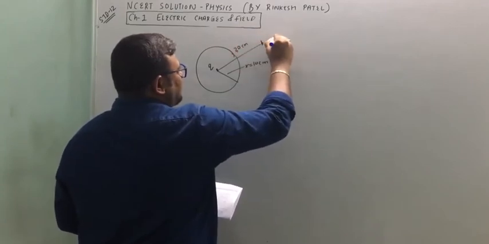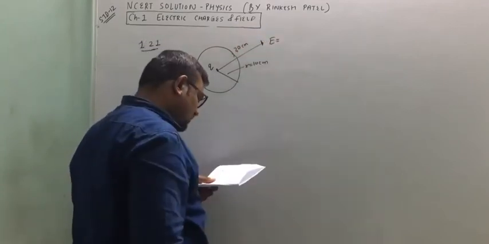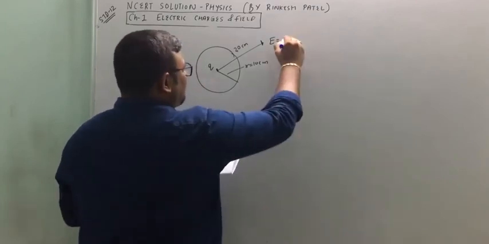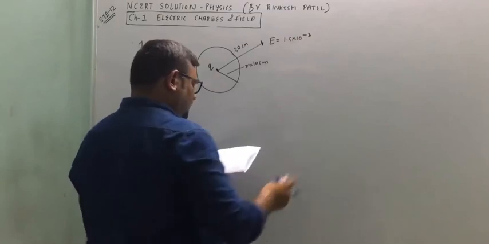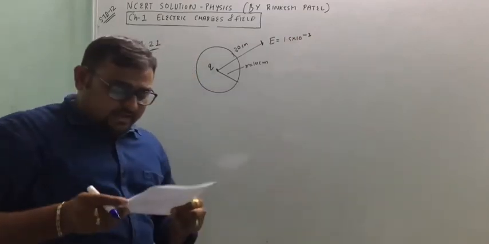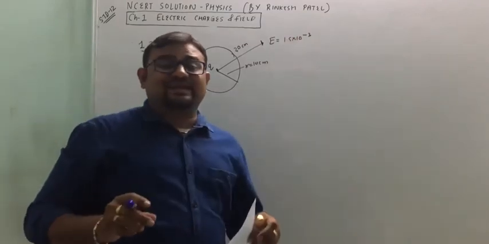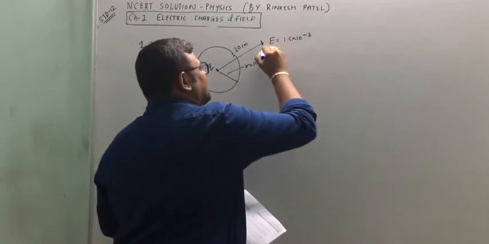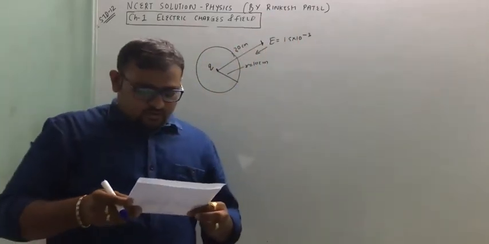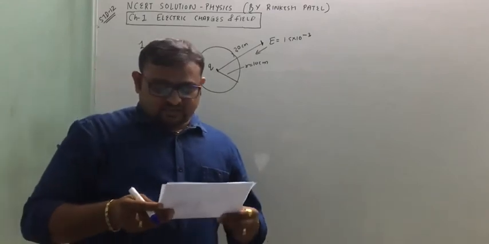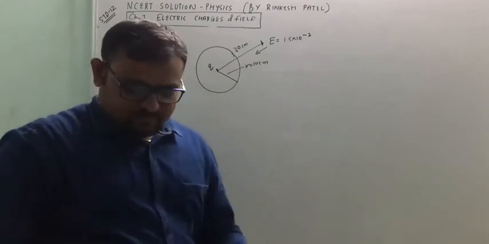At this point the electric field is equal to 1.5 into 10 raised to minus 3 Newton per coulomb, and it points radially inward. Means the direction of electric field is radially inward. What is the net charge on the sphere?